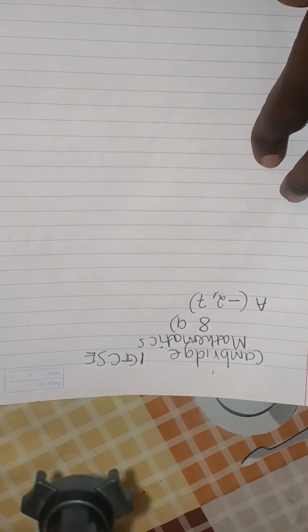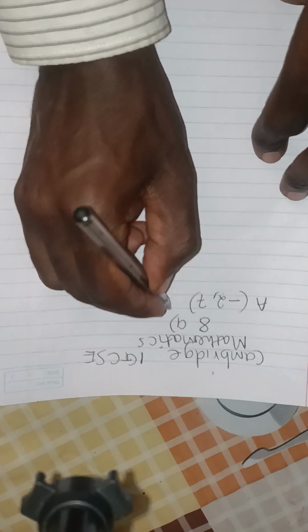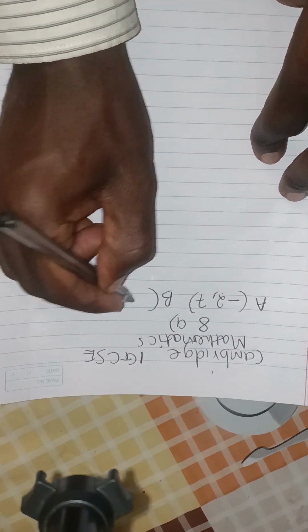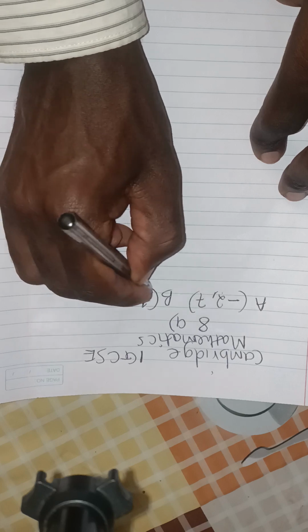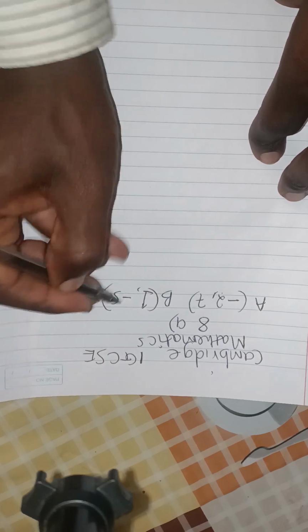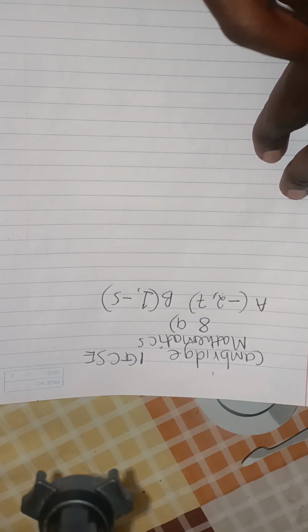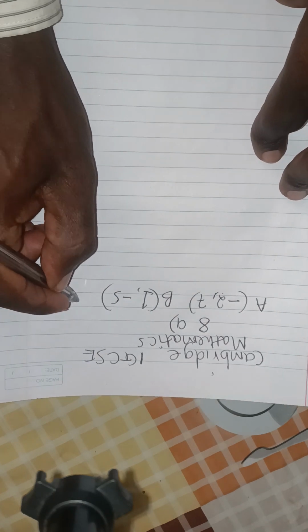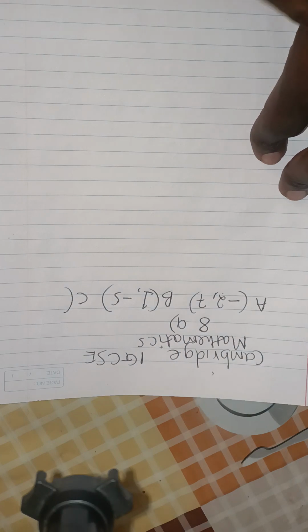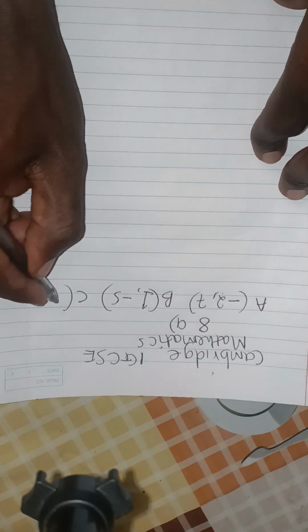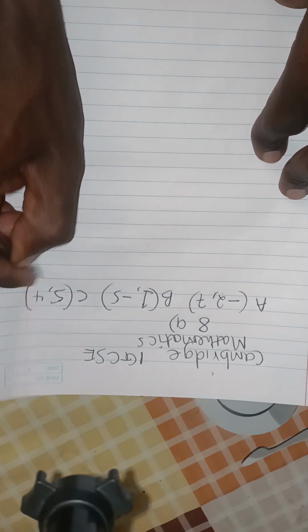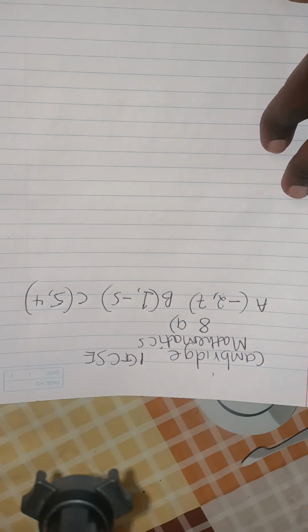B has coordinates 1, -5. So there's another point B that has coordinates 1, -5. So the value of x is 1 and the value of y is -5. And the last point is C, which has coordinates, as per the question's information, 5, 4. So this is our question.